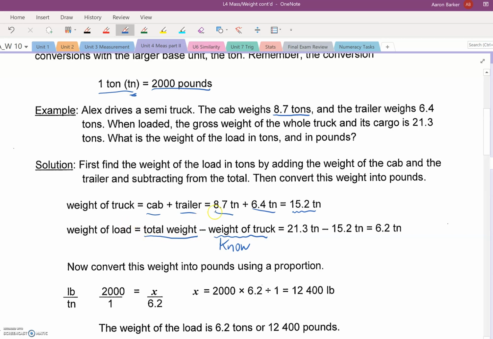So I know how much those weigh before they get on the scale. But for the total weight, that's why those trucks drive onto the scale, to see how much the total weight is. And then when you subtract, you'll get the weight of the load, 6.2 tons. And so then you can see if the truck is overweight, so then the brakes might fail, or they won't fail, so you'll know if you're safe carrying this load.